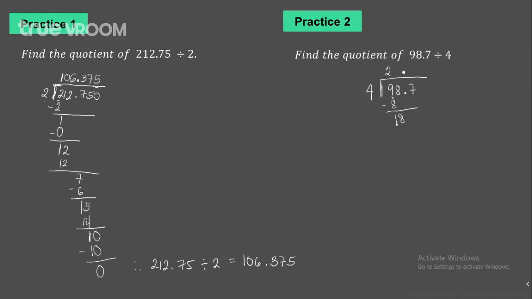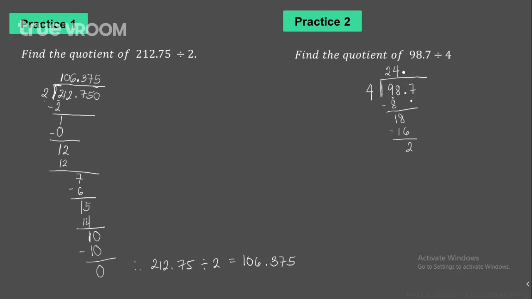Remember again that your dividend must be bigger than your divisor. What is 4 times 4? 16. Very good. So 18 minus 16 is 2. So 2 is smaller than 4.